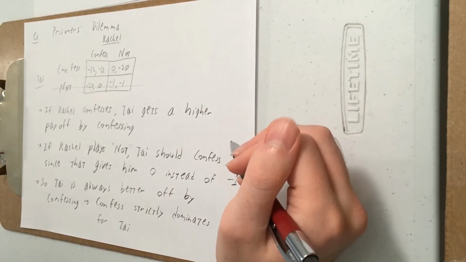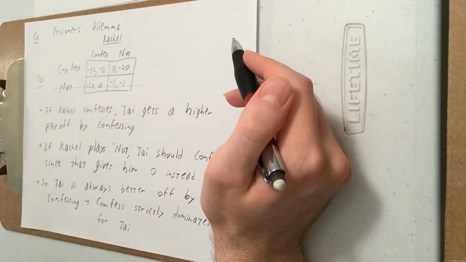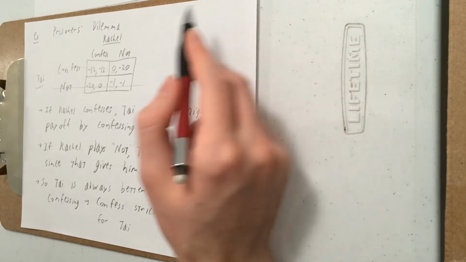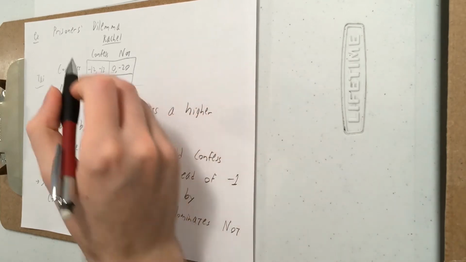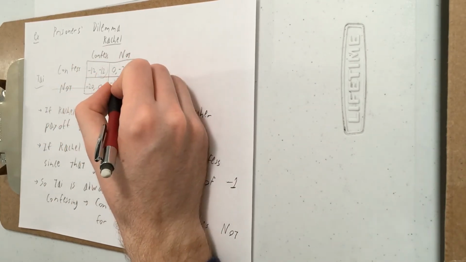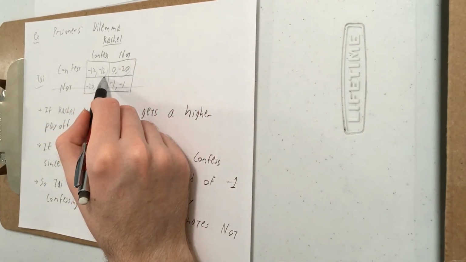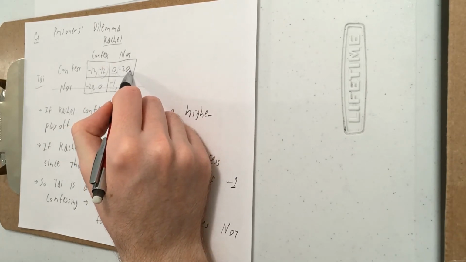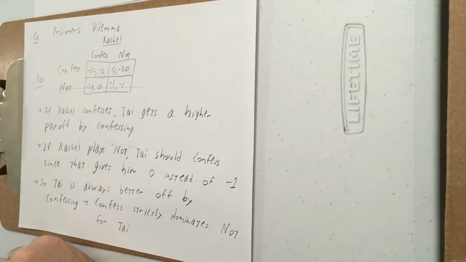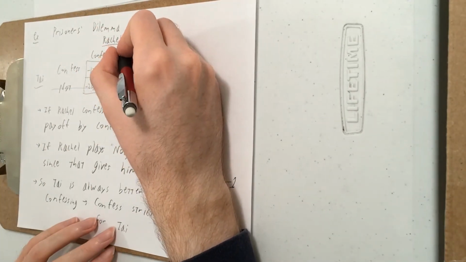So Rachel's got to pick, should she confess as well, or should she not confess? Rachel is the column player. Column players' payoffs always come second. That means Rachel's going to focus on these numbers over here. So she either gets -12 from confessing, or she gets -20 from not confessing. It's better to get -12. So that's going to eliminate not for Rachel.